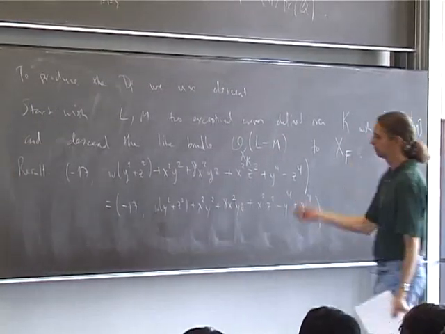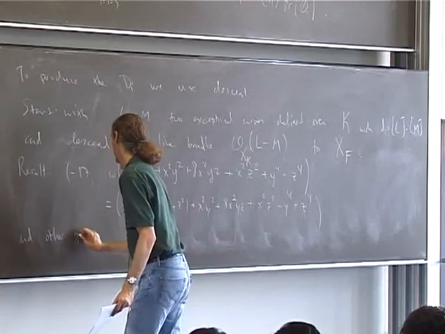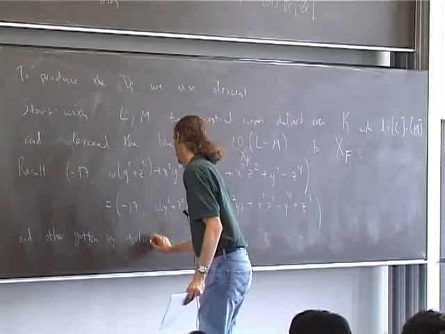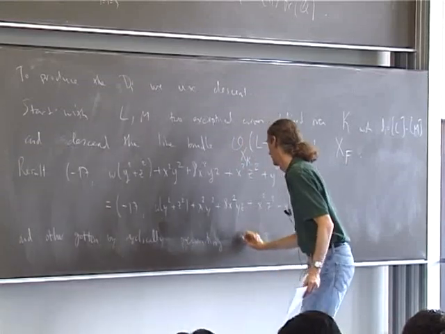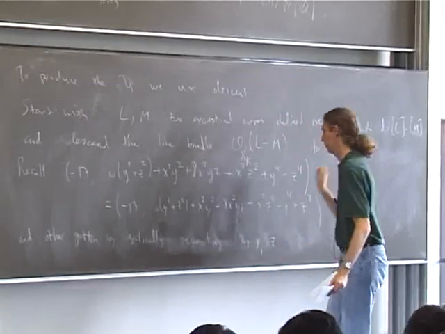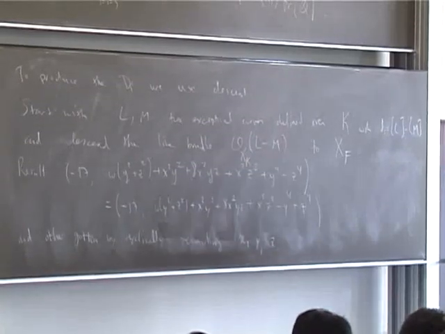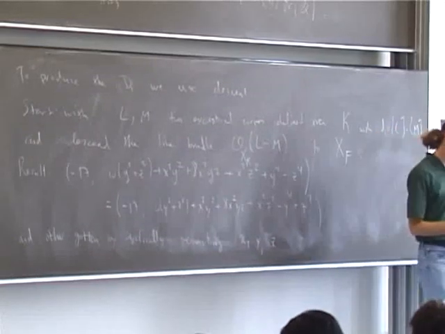So, you cyclically permute the variables and you get the other. So this is one generator, and then you have two more that you get like so.